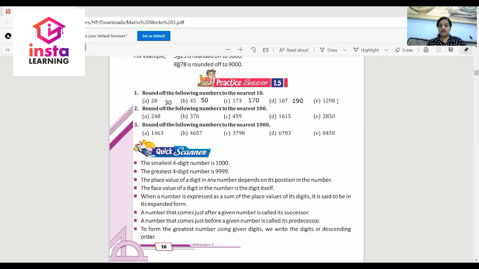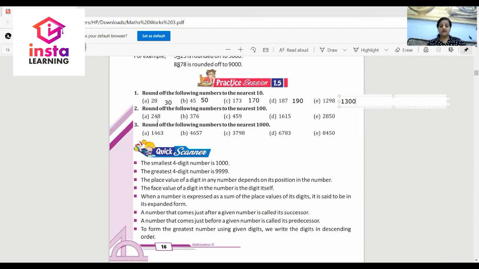Next is 1298. 98 is coming, so it is going to be added. So here it comes 1, 3 and then 0, 0 because 8 is there. So it is 1300. Now round off the following numbers to the nearest 100.